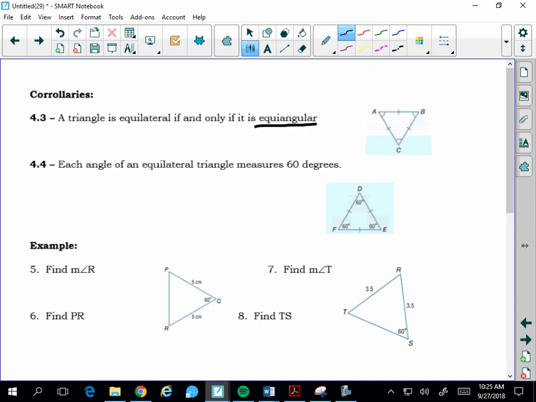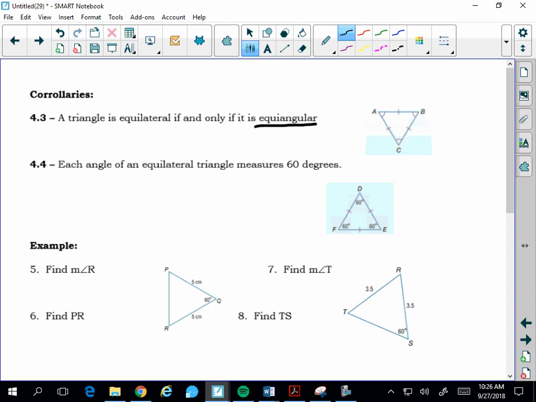You might remember that word from our first day of doing triangles. We said that equiangular meant that all of our angles are equal. So one of the ways that we can determine if a triangle is equilateral is knowing that all of the angles are equal.